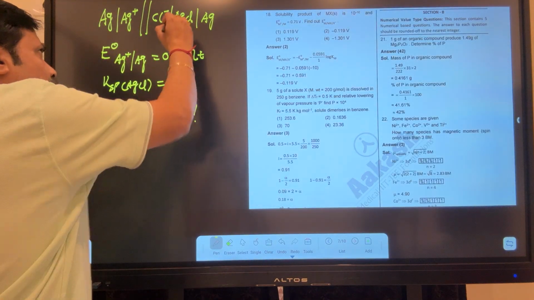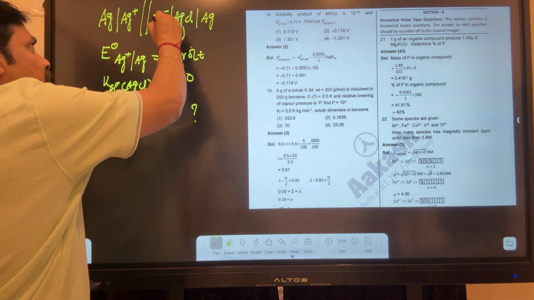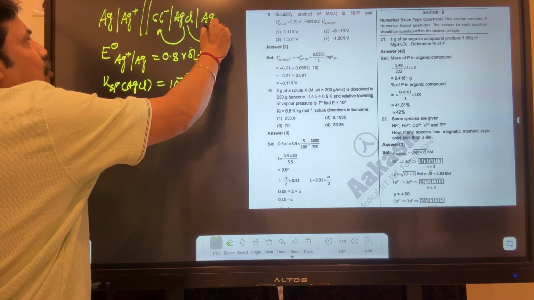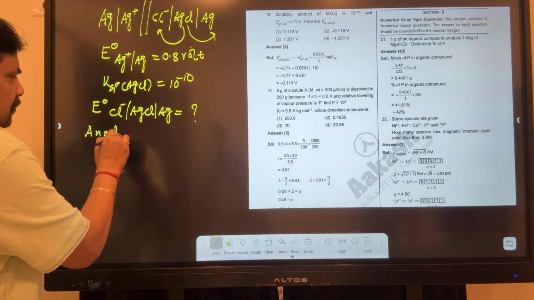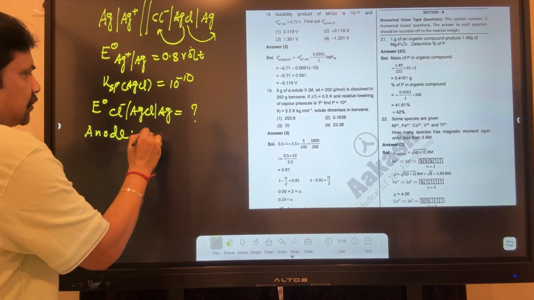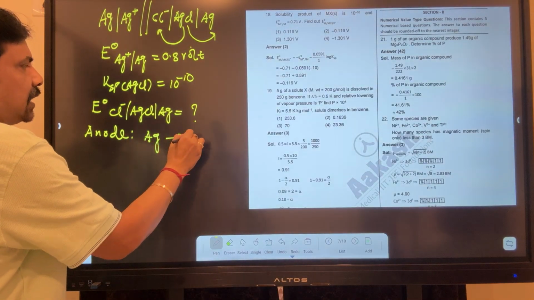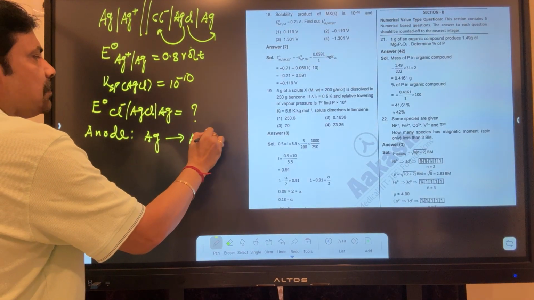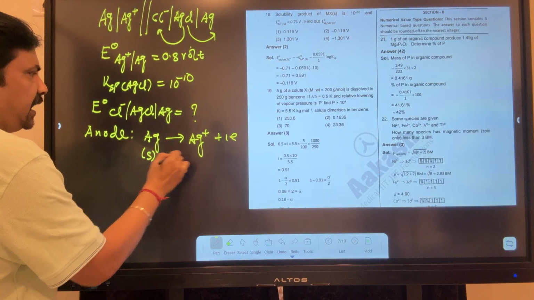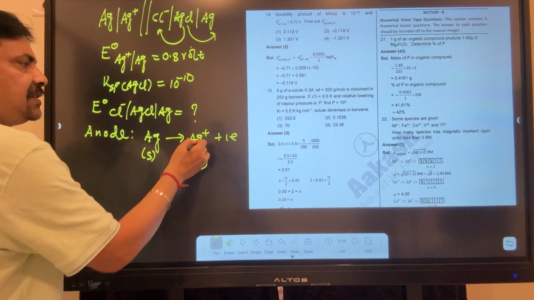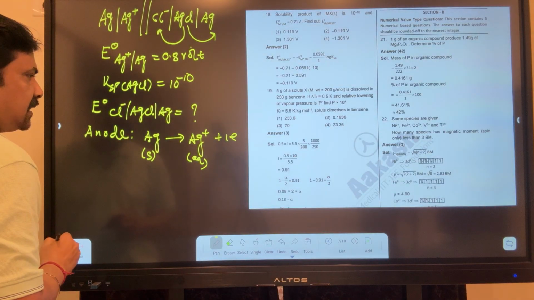So cathode means the reaction from the middle, these things will go toward this side. At the anode, what reaction is happening? Anode means oxidation, so Ag will be converted to Ag plus by loss of electron. This is your anode reaction, and this is solid, and this is aqueous, the anode silver ion concentration.